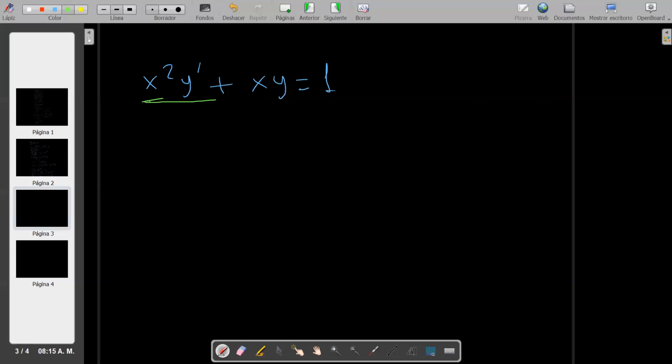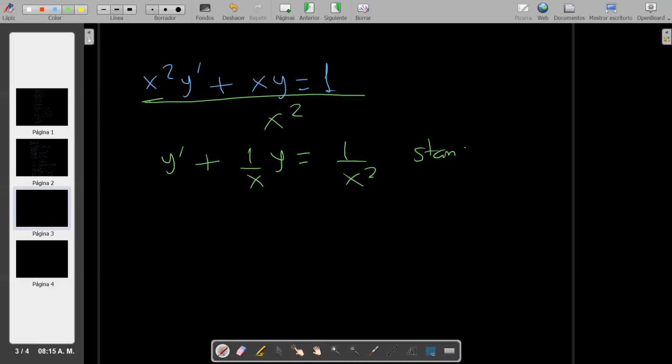We divide all of the equation by x squared, in other words every term will be divided by x squared. So we are left with y prime, now with a leading coefficient 1, plus x over x squared times y, equal to 1 over x squared. Now it is in the standard form. Is that clear?